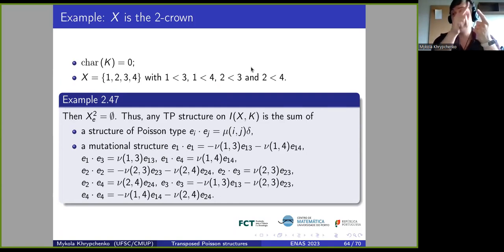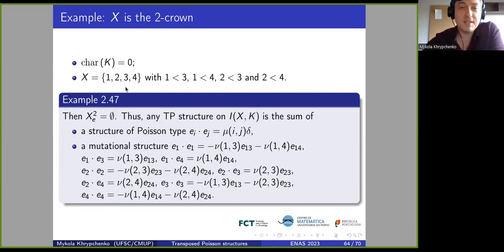And since this poset is a cycle, it has no extreme pairs. It has 4 maximal chains, 4 pairs forming a maximal chain, but they are not extreme because all of them belong to a cycle. So in this case, you have no lambda structures.